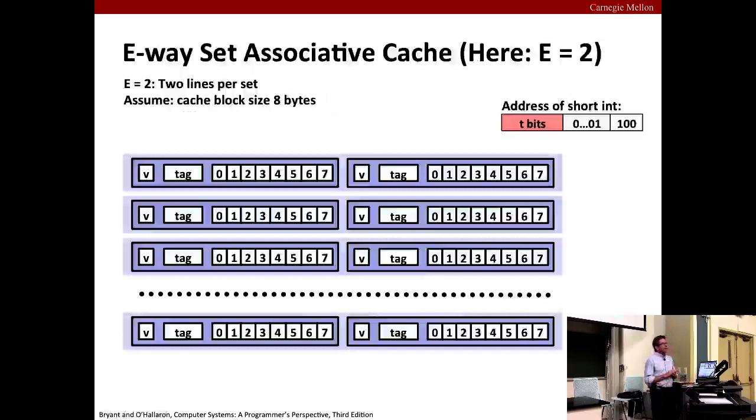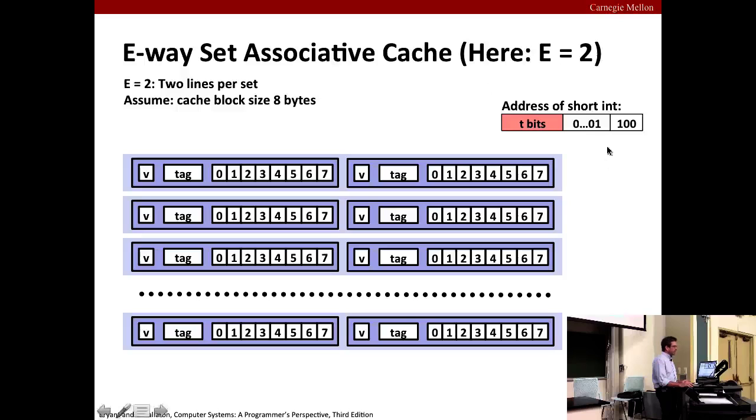Okay, so this is the reason why caches have higher associativities, higher values of E. So for values of E greater than 1, we refer to them as E-way set associative caches. So here E equals 2, so it's two-way associative.